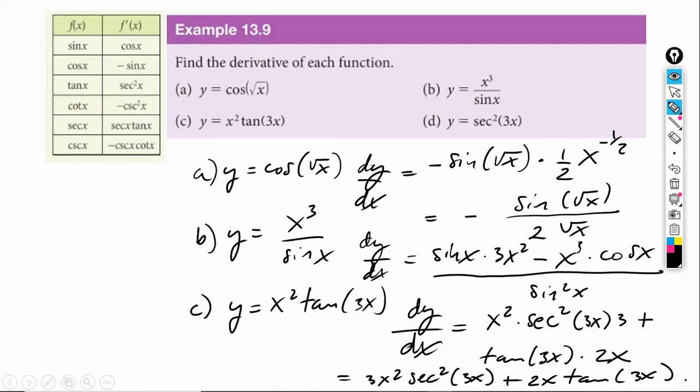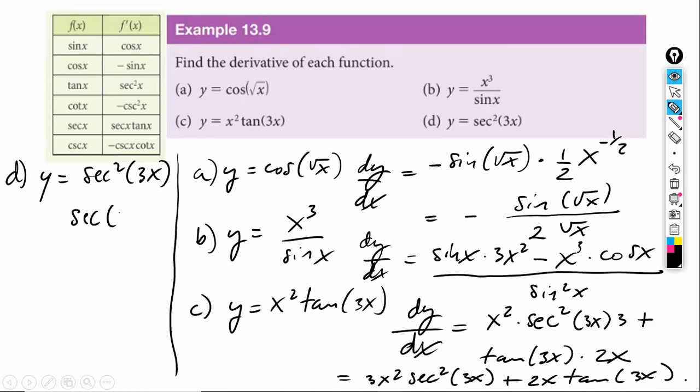Okay, so now we're going to focus on D, and we'll do D over here to the left. And we have that it's y equals secant squared of 3x. Very well, so notice that here we actually have to apply the chain rule and more than once, because notice that we can rewrite this as secant of 3x, squared.